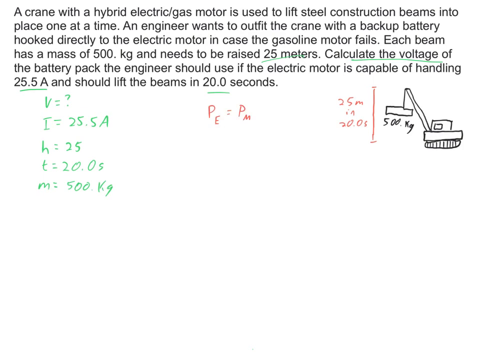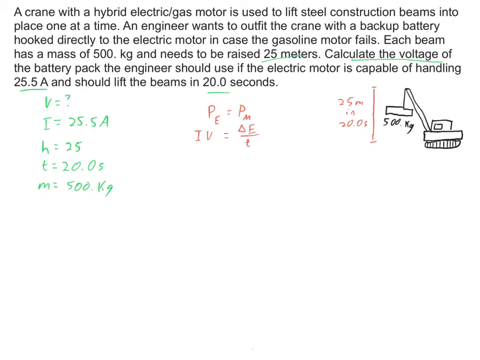Now, since energy is conserved, the electrical power that I put in all can be transformed into mechanical. We're going to assume 100% efficiency. Now, I know the equation for electrical power, IV, and I also know the equation for mechanical power. It's work divided by time, or change in energy divided by time. This time I'm going to use change in energy.